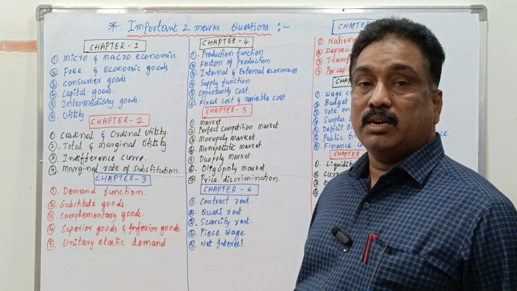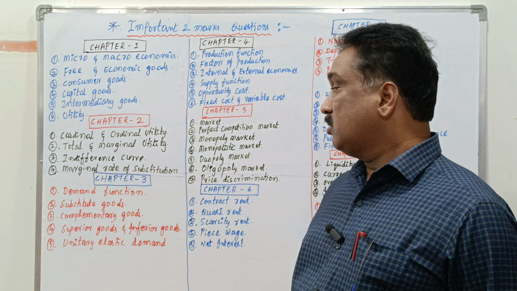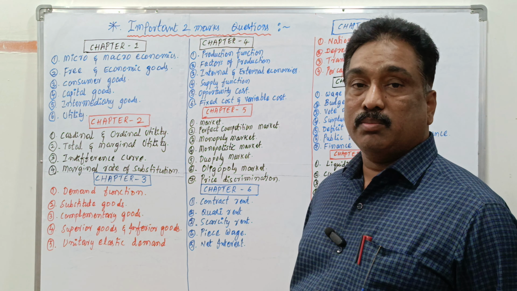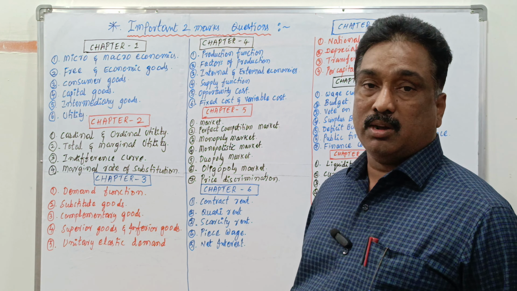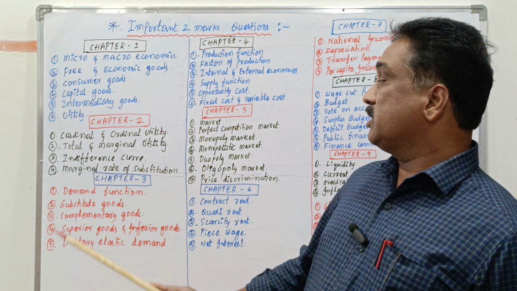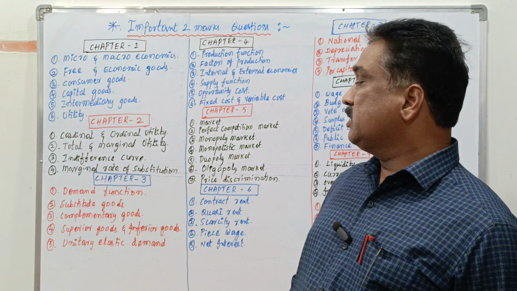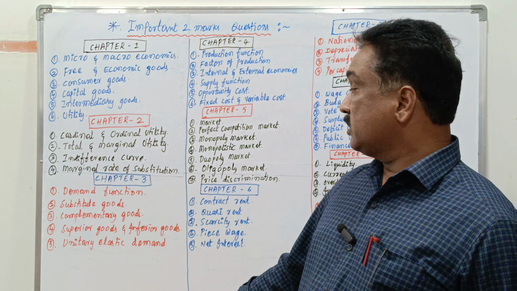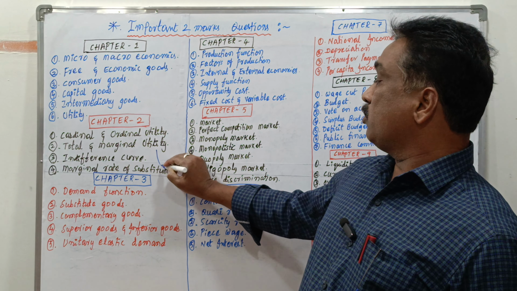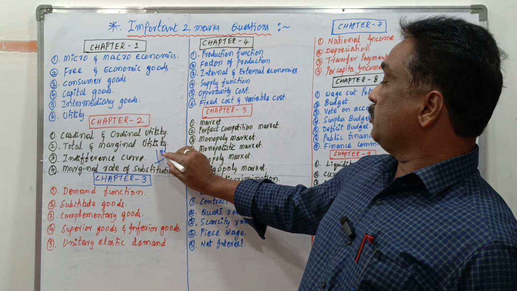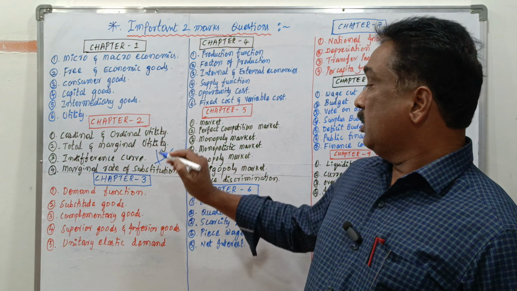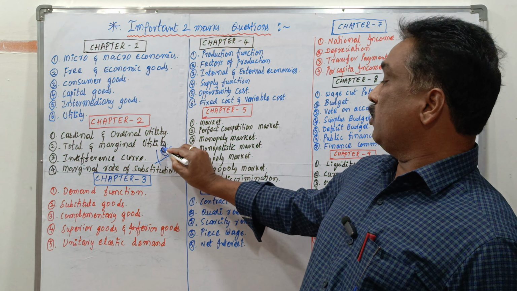Indifference curves explain the satisfaction levels of the consumer from two goods which give the same level of satisfaction. That is called indifference curves. And if it asks for the indifference map, just simply draw the indifference map like that, IC1, IC2, IC3.